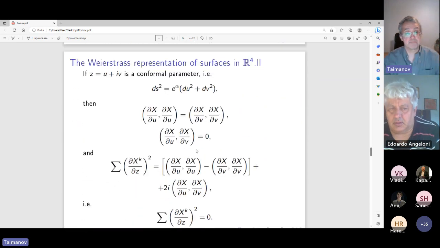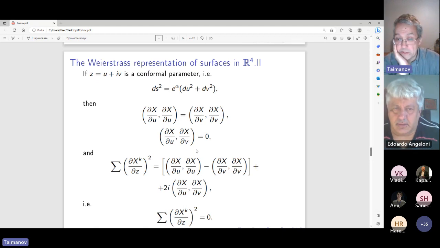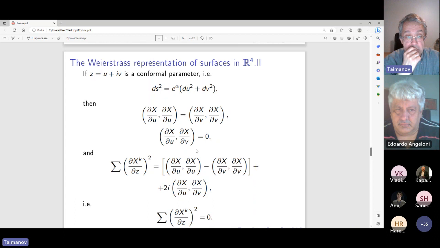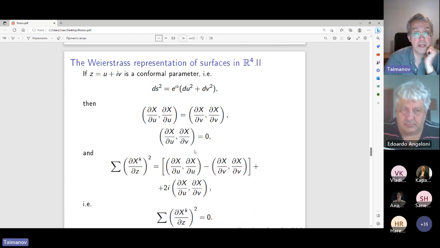What does it mean? What's the origin of these representations? Assume that z is a conformal parameter, z = u + iv, where u and v are real parameters. What does conformality mean? It means that the metric, the first fundamental form, is conformally equivalent to the Euclidean metric.